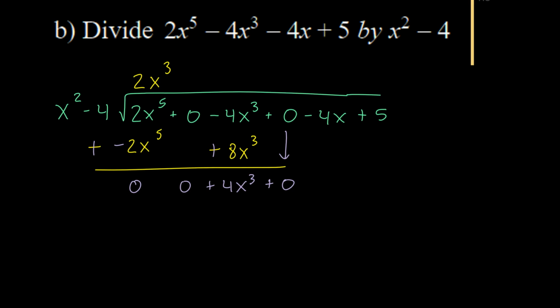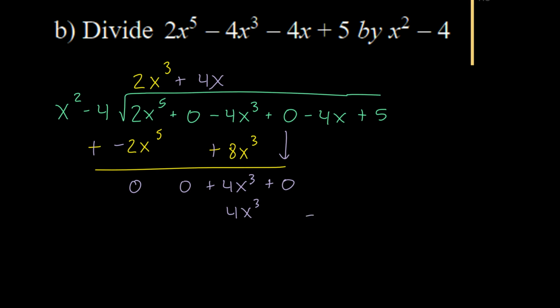And you repeat. You ask yourself, what times x squared will give me 4x cubed? A plus 4x, right? Then I multiply it back in. I get 4x cubed, and then 4x times negative 4 is negative 16. So that doesn't match up with that 0.